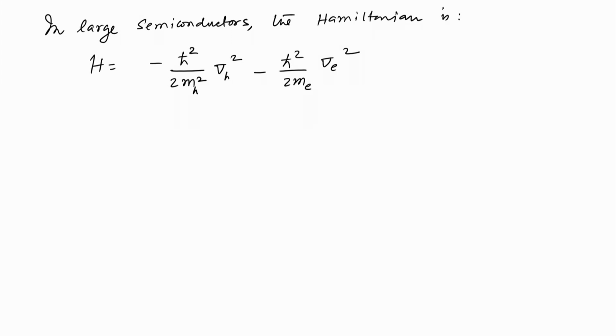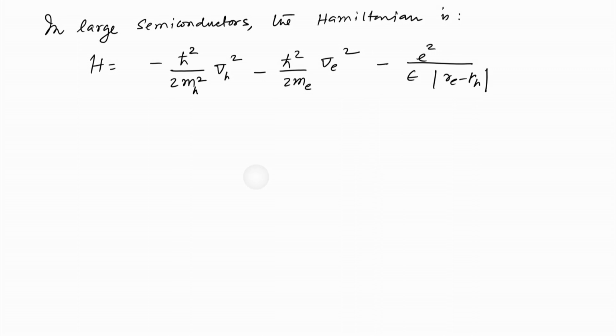So, we are talking about a mixed semiconductor where both types of charge carriers are prominent, and there is also an electron hole interaction term which is given by e square over epsilon times the modulus of R_e minus R_h, which are the coordinates of the electron and the hole with regard to some chosen axis, and epsilon is the dielectric constant.